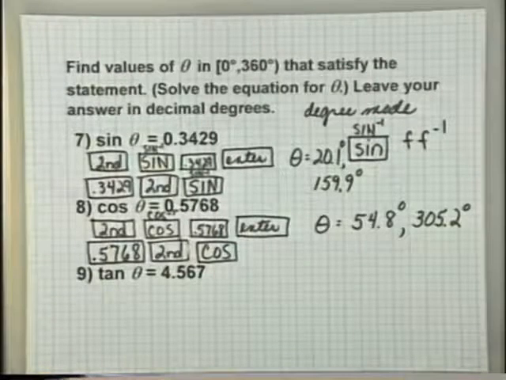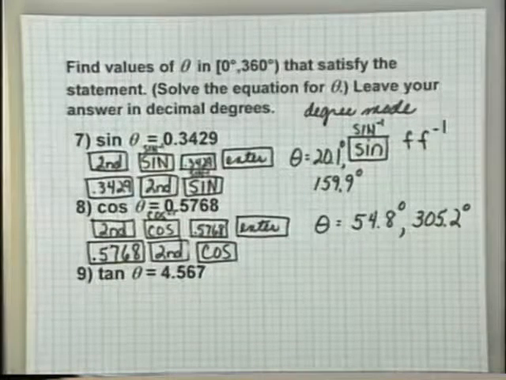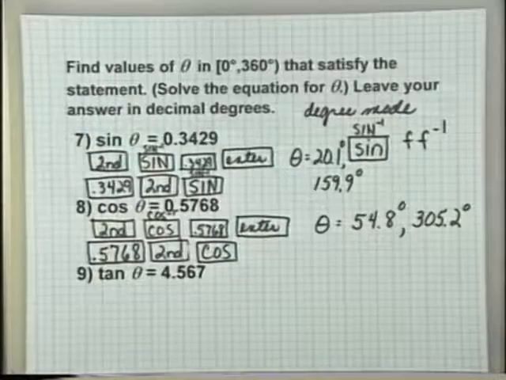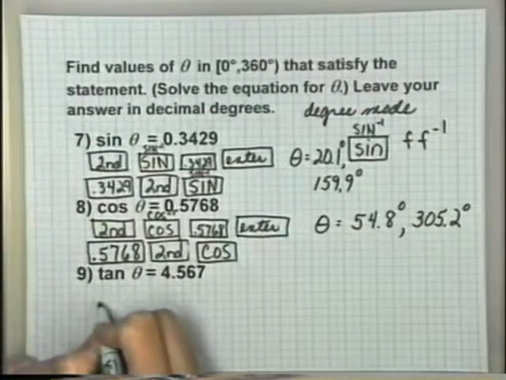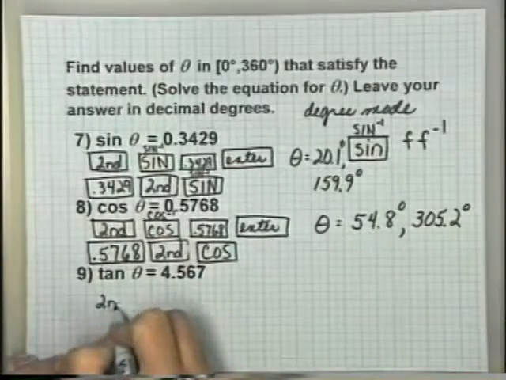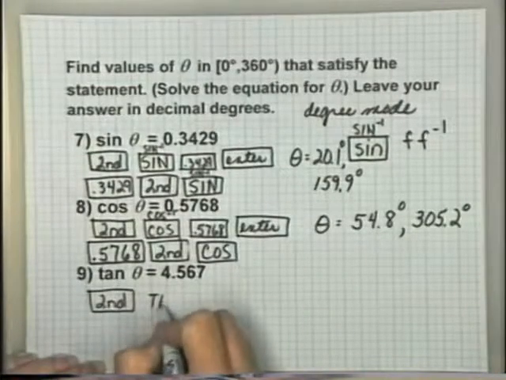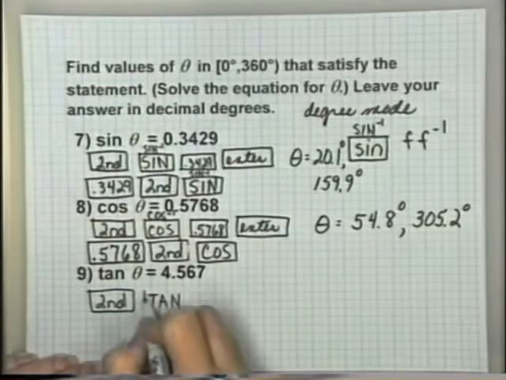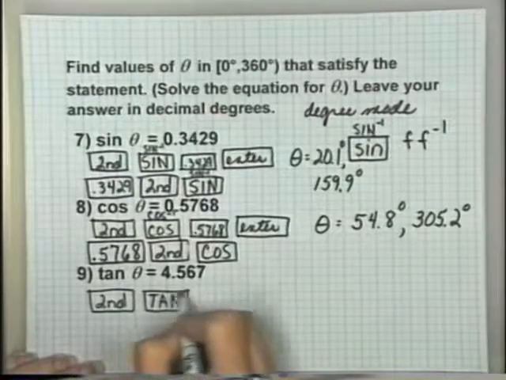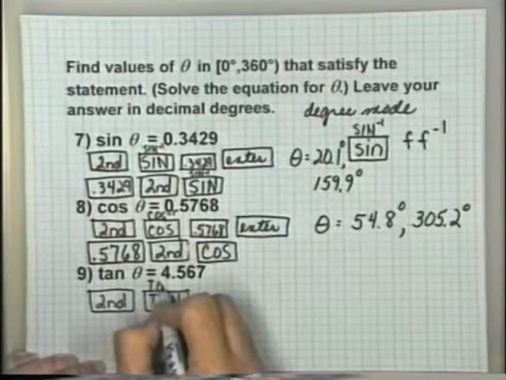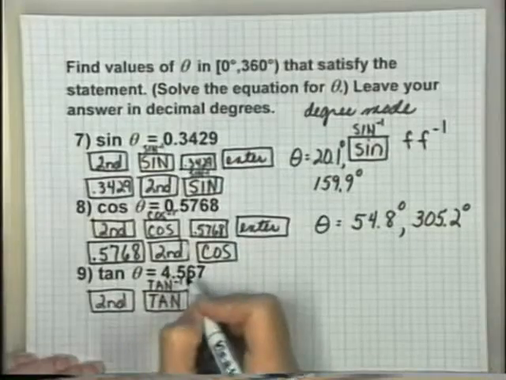We know the tangent of theta equals 4.567. So to find theta using our graphing calculator, we'll go second function, press your tangent button. Since it's pressed after second function, that represents inverse tangent.